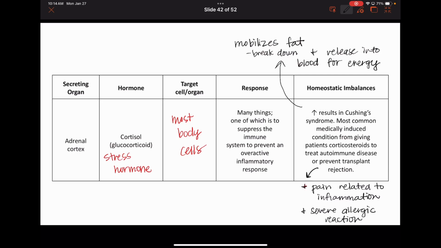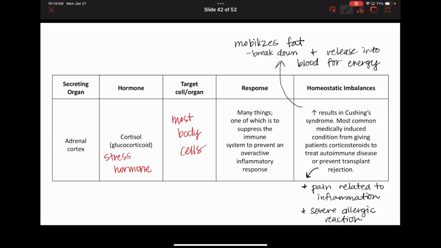However, if you're releasing cortisol or even getting cortisol injections for something like pain, where you don't necessarily need the extra energy or the fat as an energy source, then what ends up happening is that this mobilized fat goes and deposits itself in other parts of the body. Okay, so mobilizes fat.